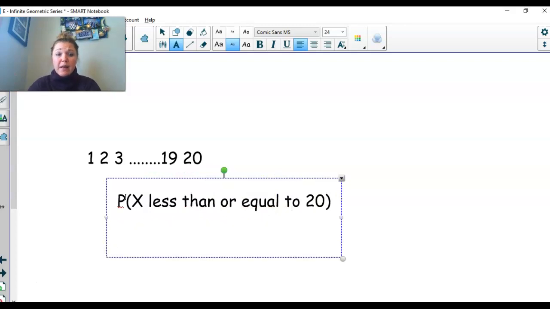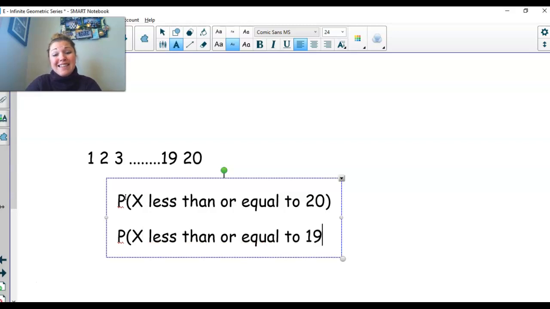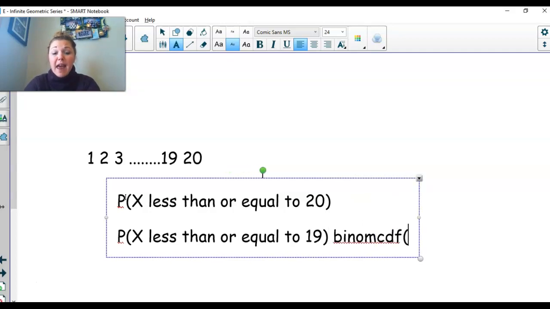That's great. But if it says the probability that it's less than 20, then that's the same as the probability that X is less than or equal to 19. So what would your binom CDF look like? It would be binom CDF N, which was 30, P, which was 0.6, and K is now 19.